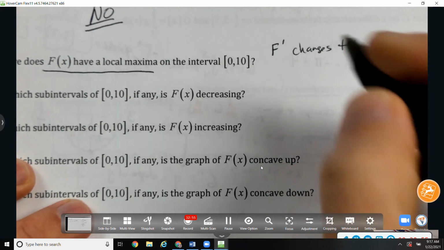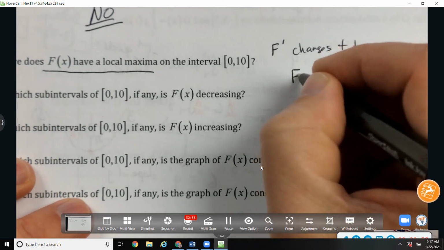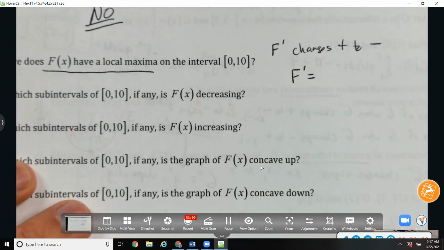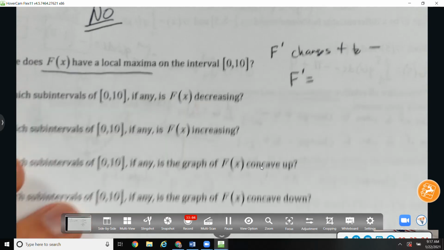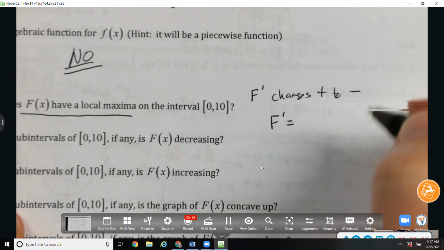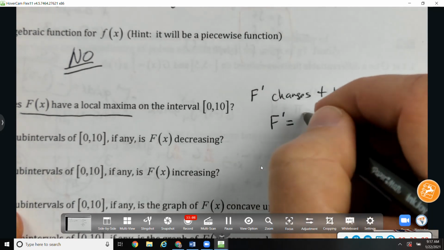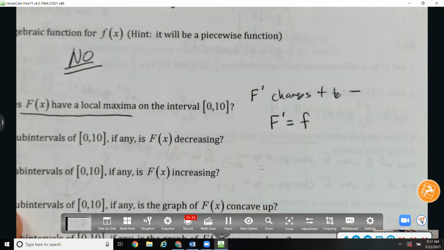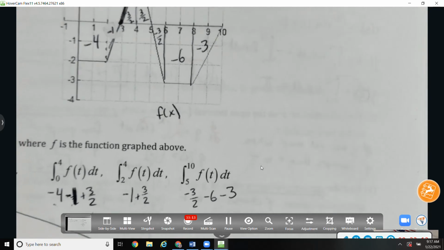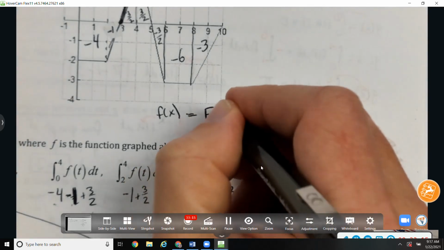And then here's the whole point of the worksheet. What's capital F prime equal to? Big F or little f? Little f. So that graph that we have up there, it's little f, but it's also the derivative, big F prime.